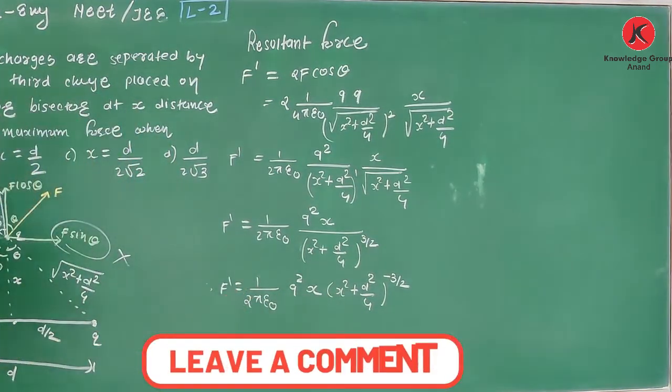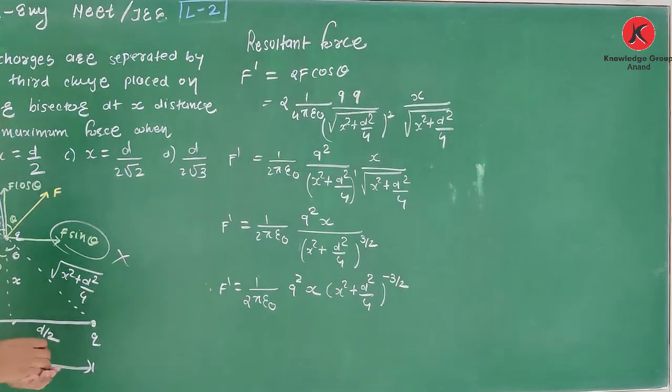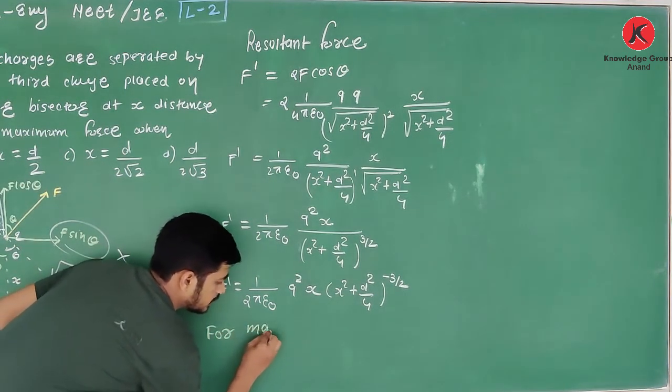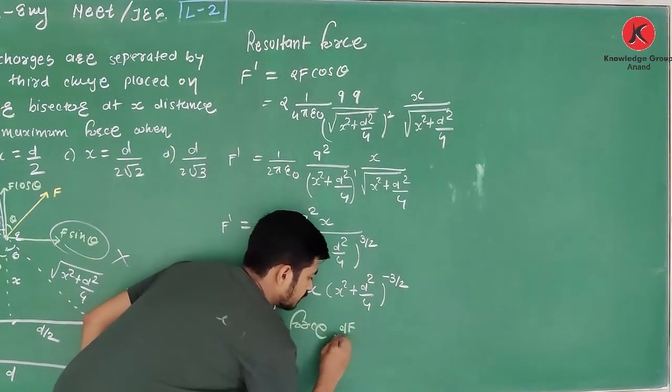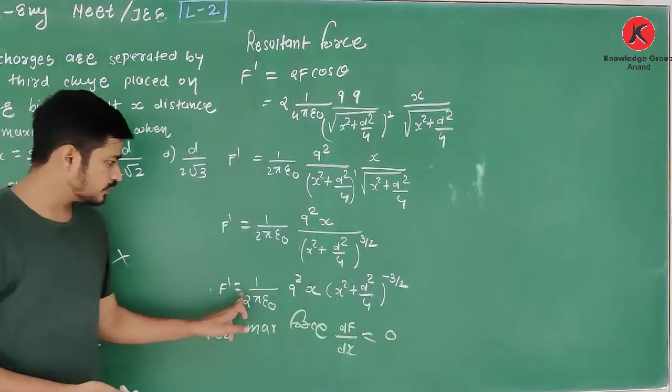What is your question? At which distance the force is maximum, that we have to find. So for maximum force, dF upon dx is equal to 0, because this force depends on x.